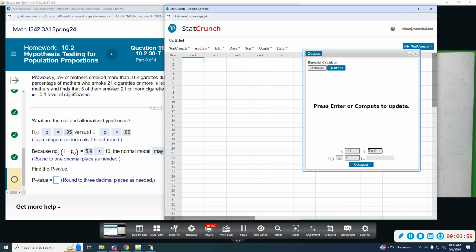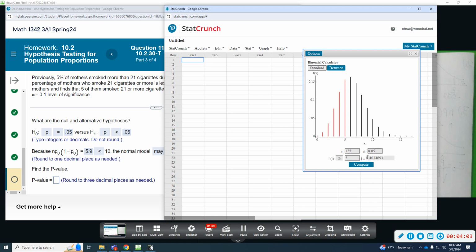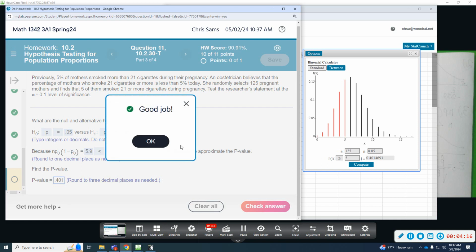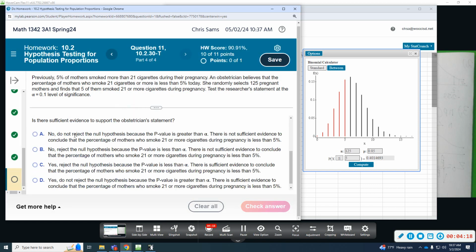That's what we got in our sample. And our probability is 0.401. So p-value is 0.401. That's the probability of less than 5. And then comparing that at alpha equals 10%.